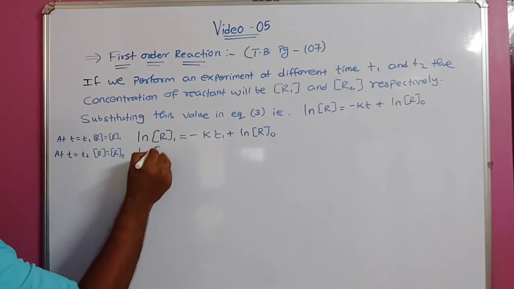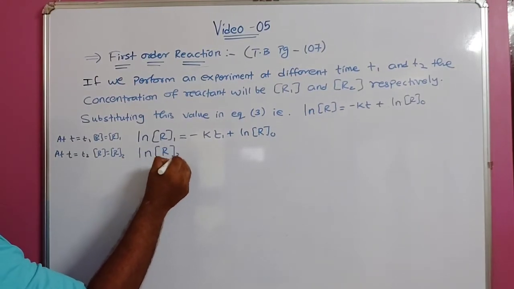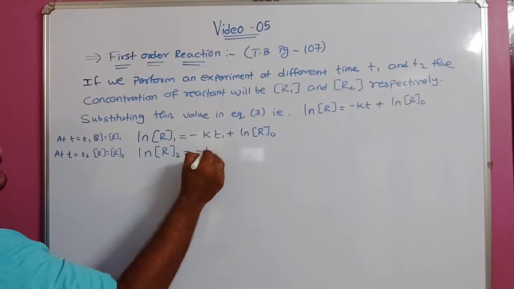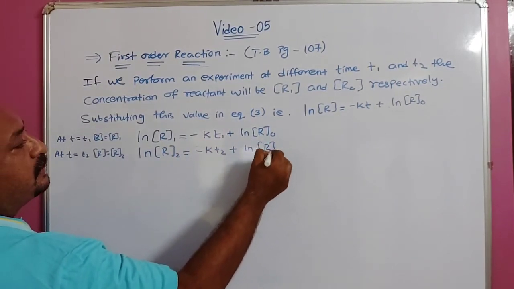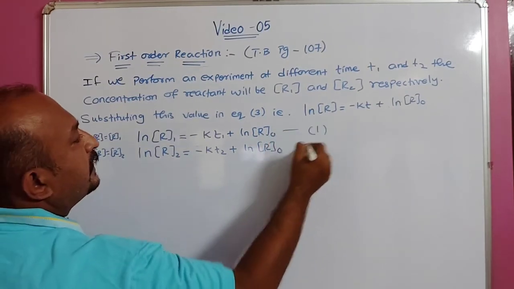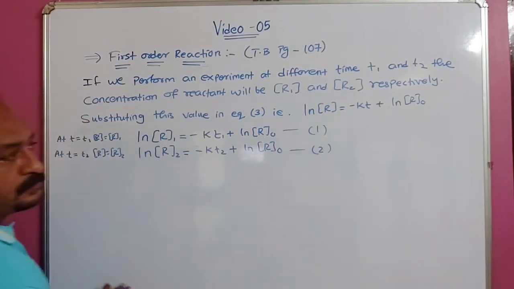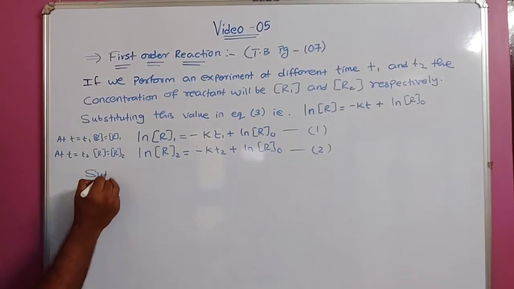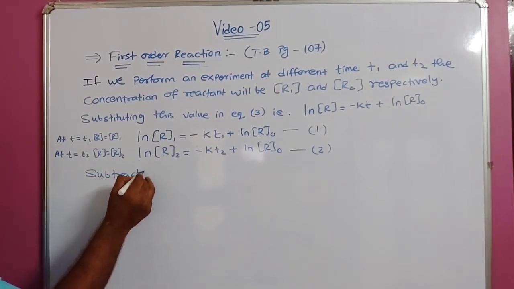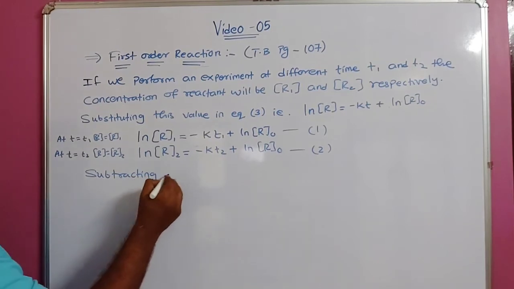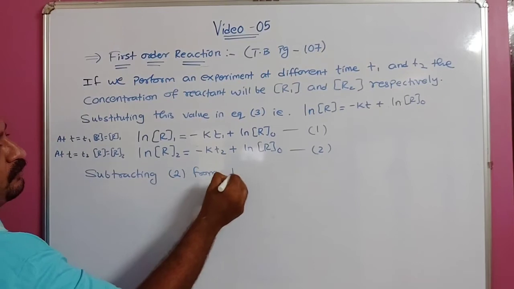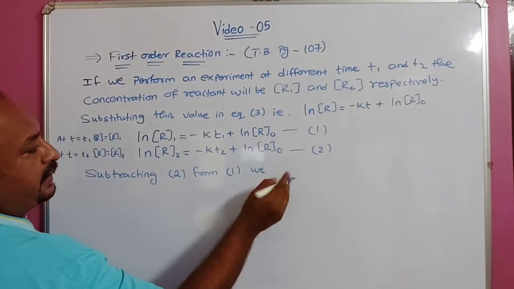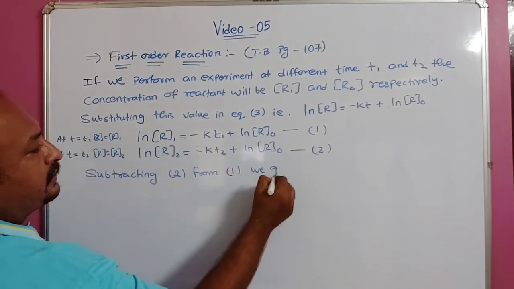So the second equation will be ln R2 is equal to minus K T2 plus ln R0. So this is 1 and this is 2. Understood? Now subtracting 2 from 1, we get this.